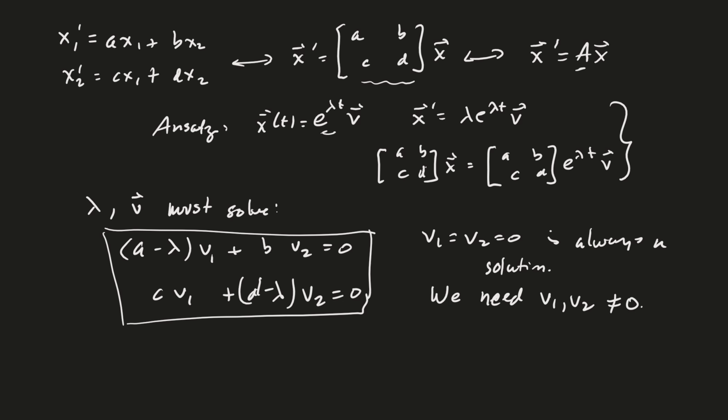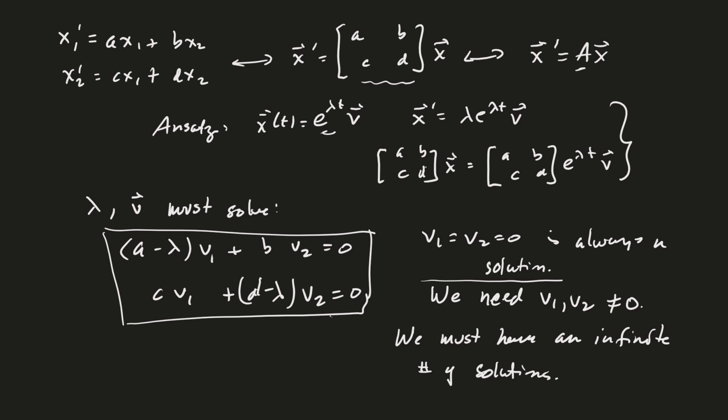And so in order to get non-zero solutions to this, we must have an infinite number of solutions, right? Why is that? Because there's only three choices, right? When you're solving a system of equations, there is either a unique solution, which it could be, right?